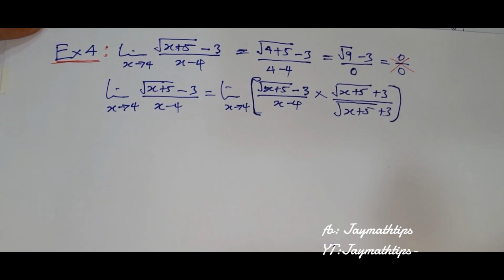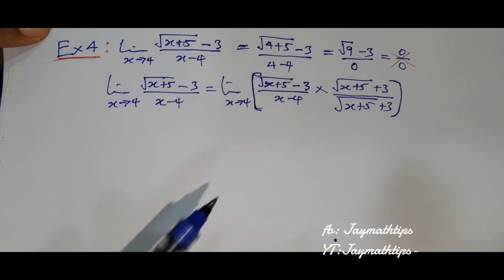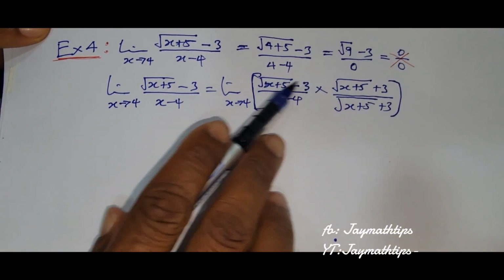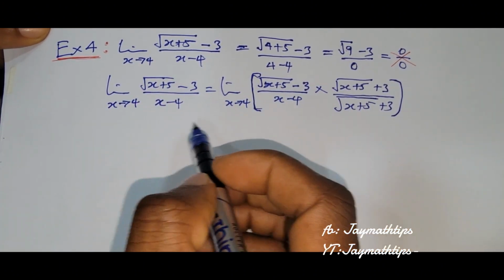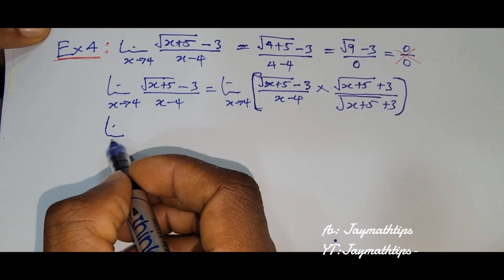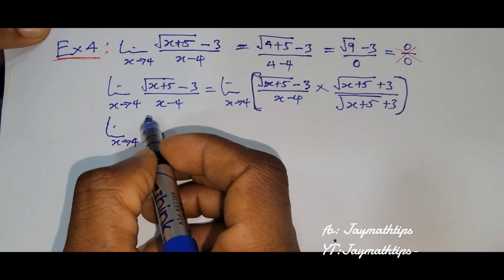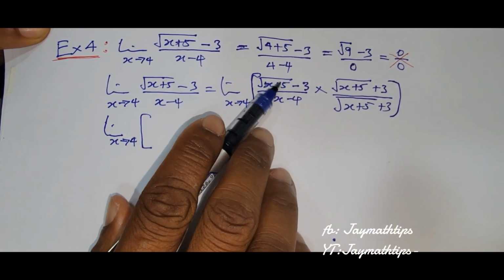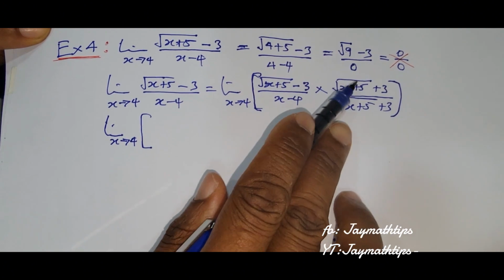All right. So the next step, I'm going to multiply or simplify what we have here. In order to do that, I'll write my limit here as x approaches 4. Still open the bracket. Multiply what you have here by this, and this by this.